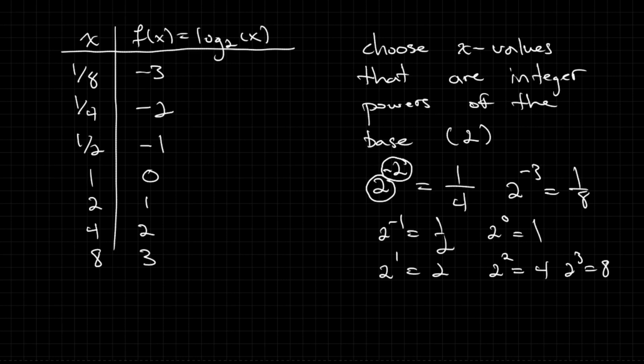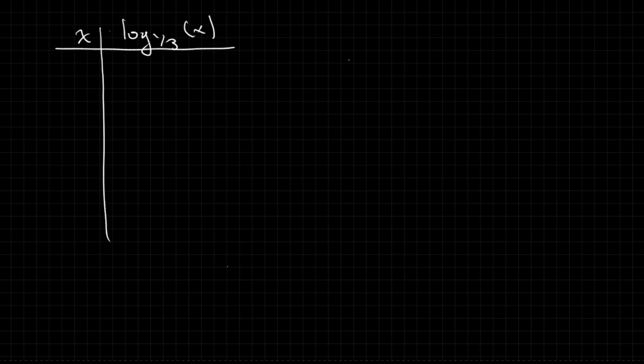Let's make a table for the other function that we have here, log base 1/3. There's my x's, log base 1/3 of x. And again, I'm choosing x values that are powers of the base. So for example, 1/3 to the -2, I'm going to pick that as one of my x values.